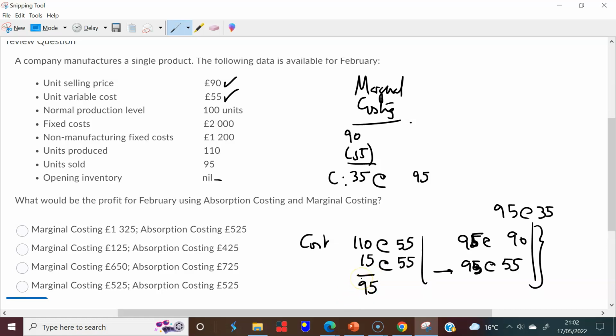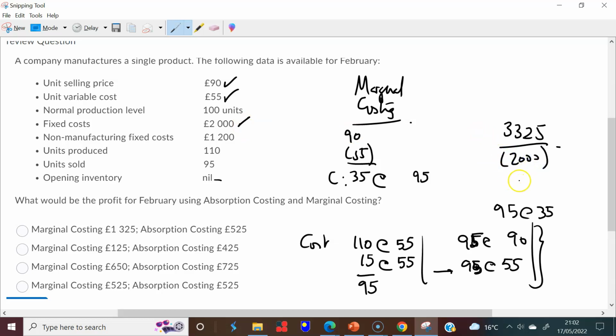So what do you have? You have 95 times 35, which is 3,325. Now you have to take off this fixed cost. Remember that with marginal costing, we don't absorb any of the fixed costs.